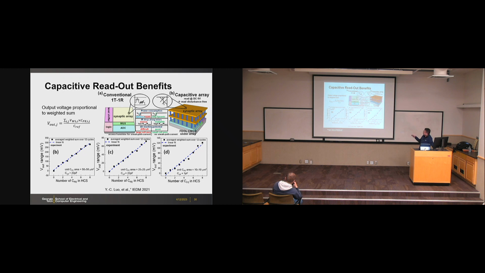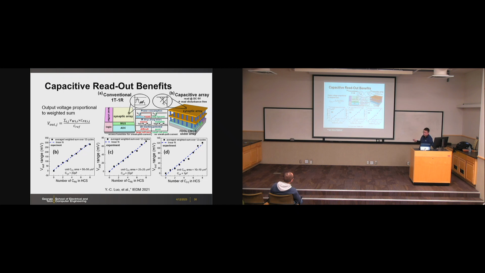So if you compare, let's say, the resistor versus the capacitor at each cross point, the benefit of the capacitor is that you only consume energy during the transient. Let's say at the rising edge, you charge up, then you pay for the energy. But for the resistance, once you have the voltage on, you will consume static power all the time.